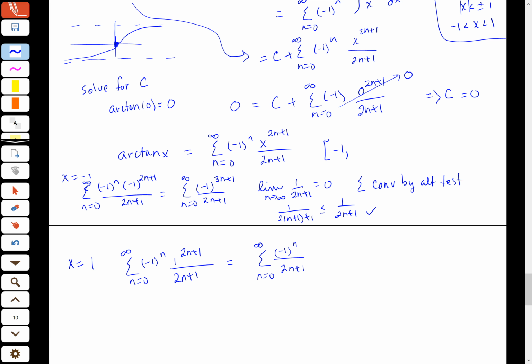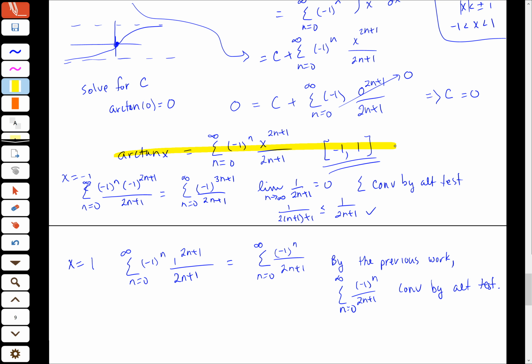That is also an alternating series. So by the previous work, the series n equals 0 to infinity, minus 1 to the n over 2n plus 1 converges by the alternating series test. So what does that tell us? Minus 1 to 1, inclusive, is our interval with endpoints. Here's our answer.